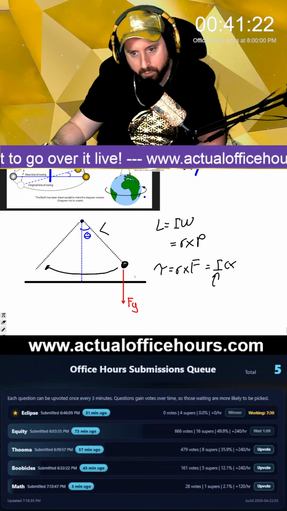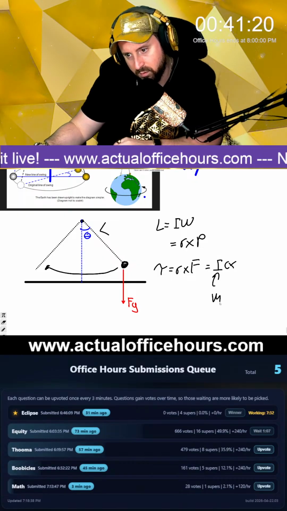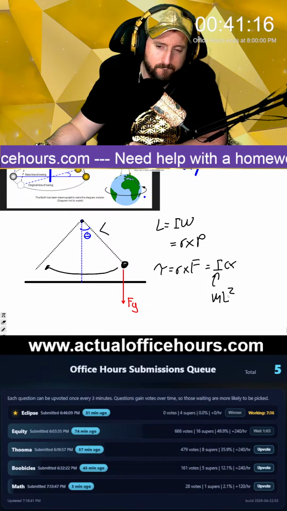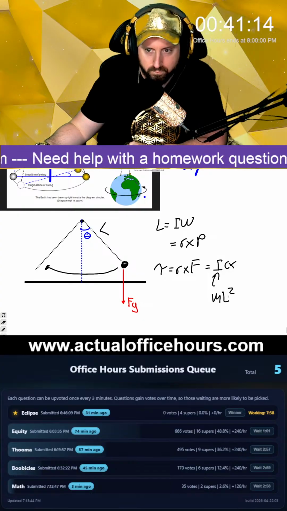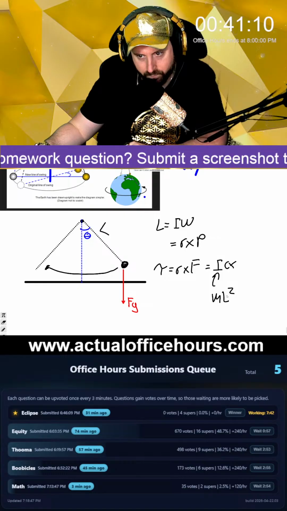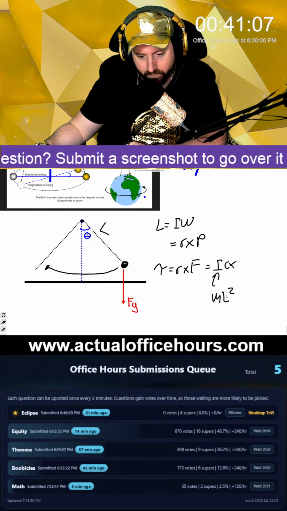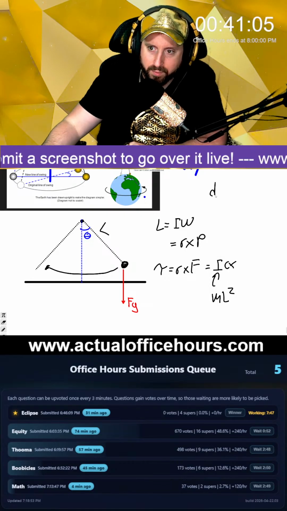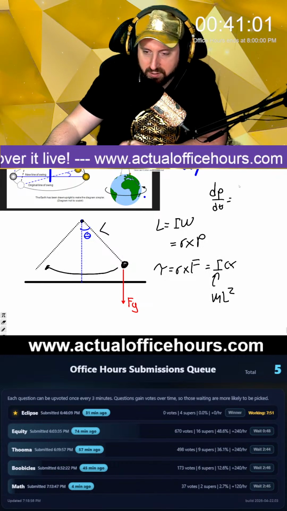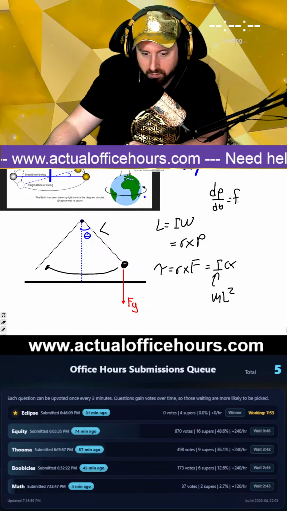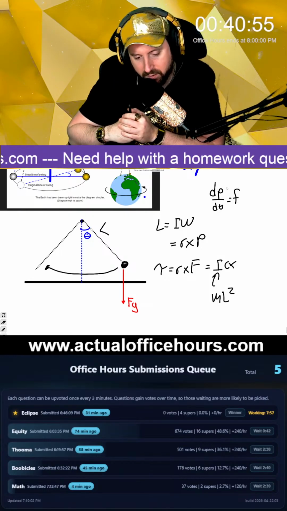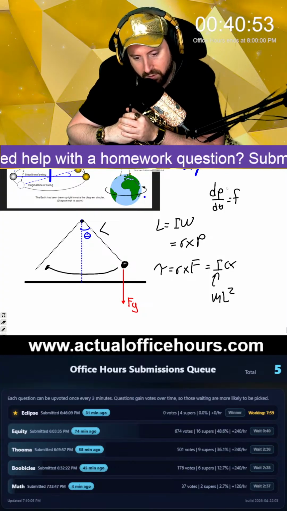And I for a point mass is going to be ml squared. And dP/dt is equal to F, right? Because F equals MA, and P equals MV.